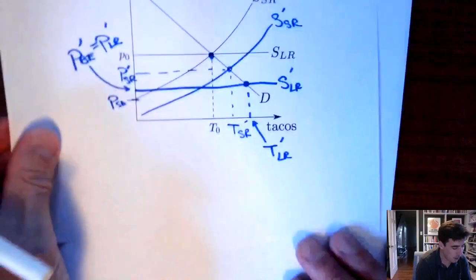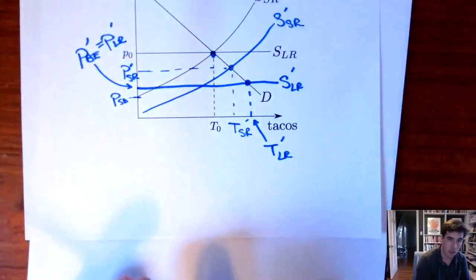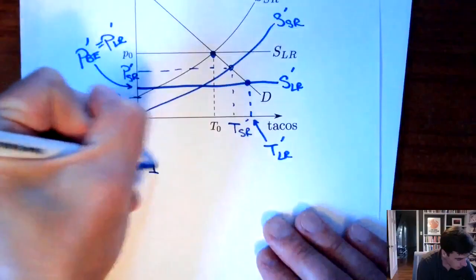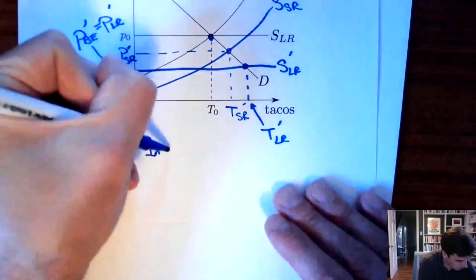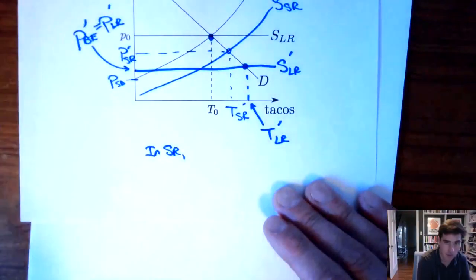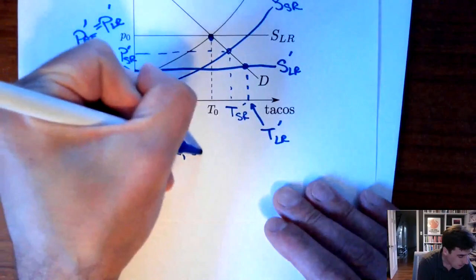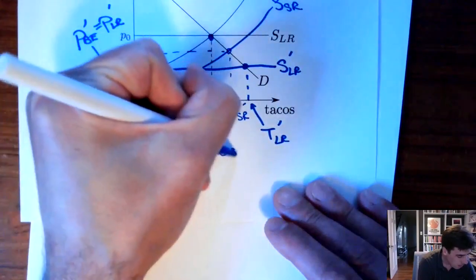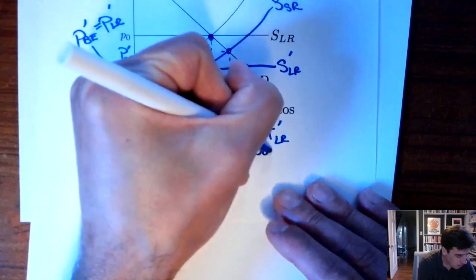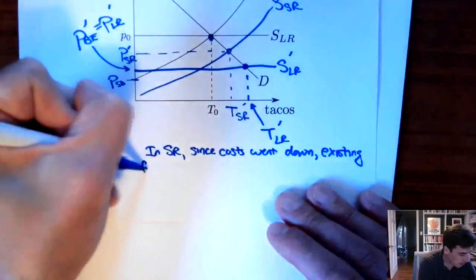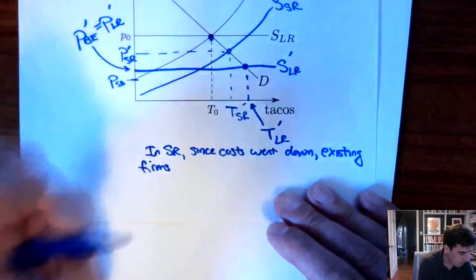So as I write this out, I need to capture both of those elements, right? So in the short run, and I can abbreviate SR if I'm running out of time on the exam here, right? Since costs went down, existing taquerias, right? And I can just write firms to save myself time on the exam.